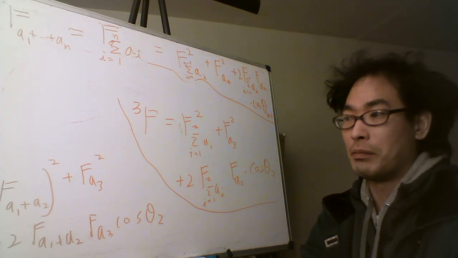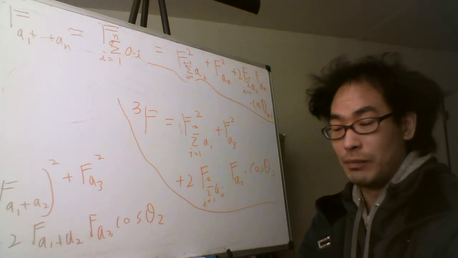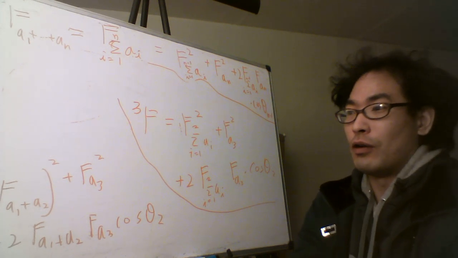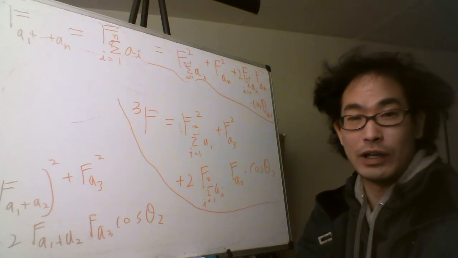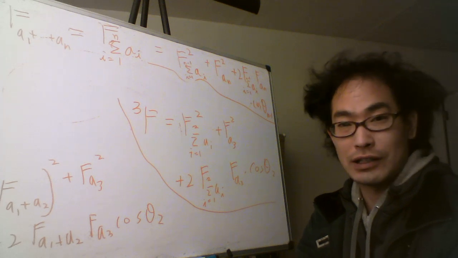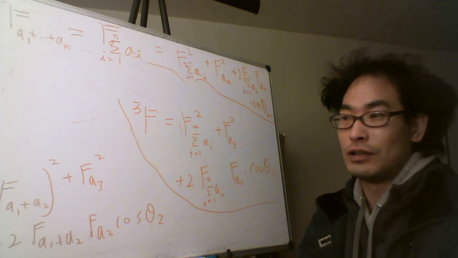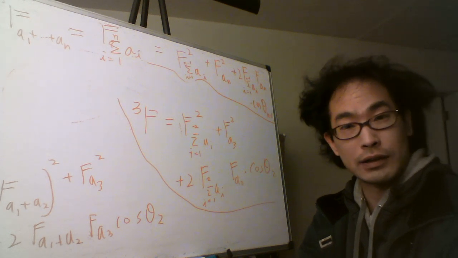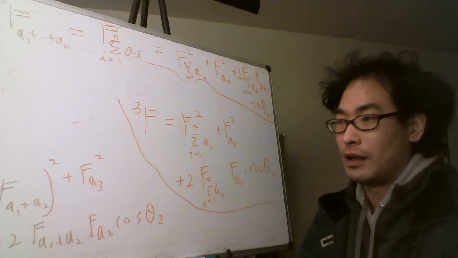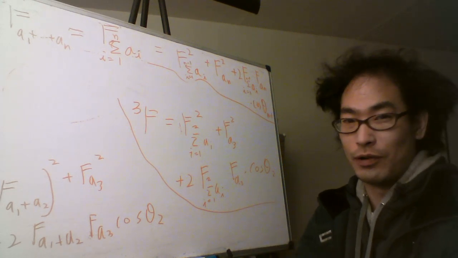Since we assumed the formula is incorrect and arrived at something false, therefore this formula must be correct. You're disproving the negation of this formula.